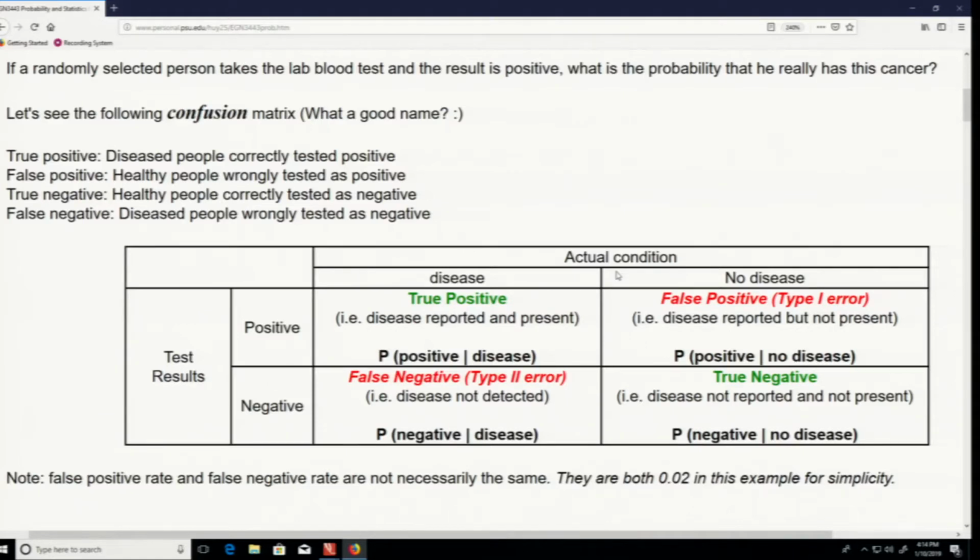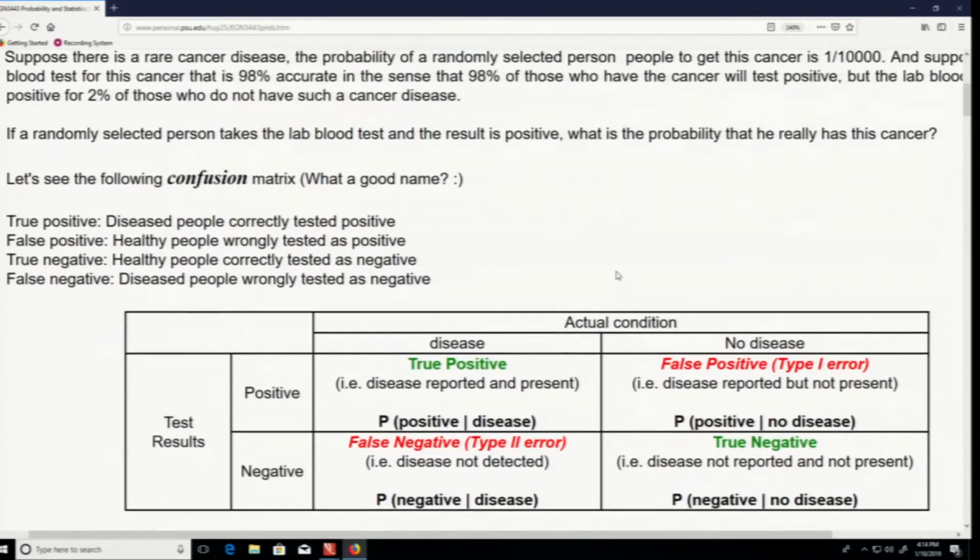We have 2% of the general population who don't have the disease and will be tested positive. That's a false positive. And 98% accurate in the sense that 98% of those who have cancer, diseased people, test positive. This is the true positive.